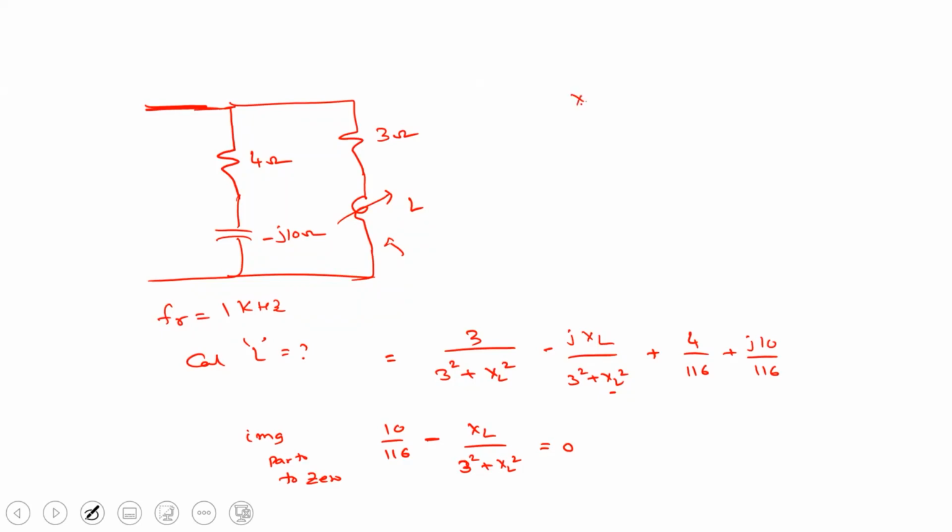So that means XL square minus 11.6 XL plus 9 is equal to 0. What are the roots for this?